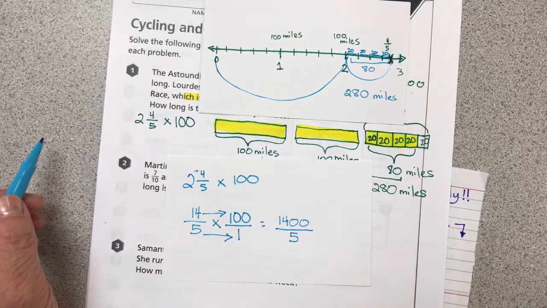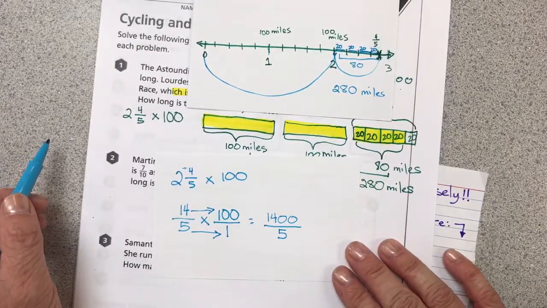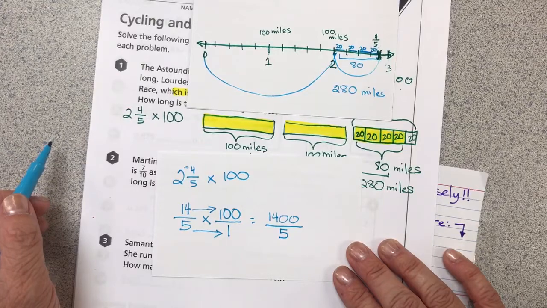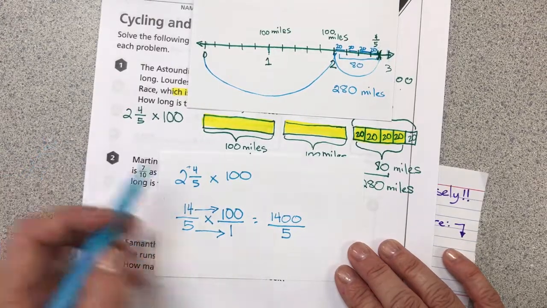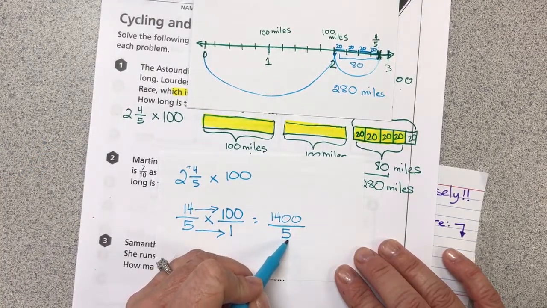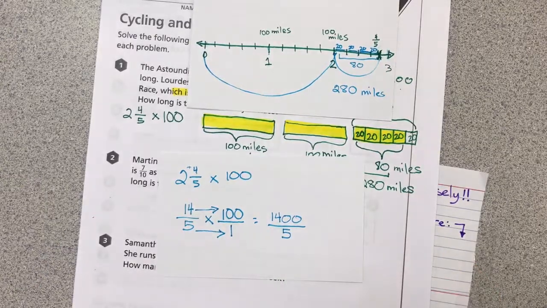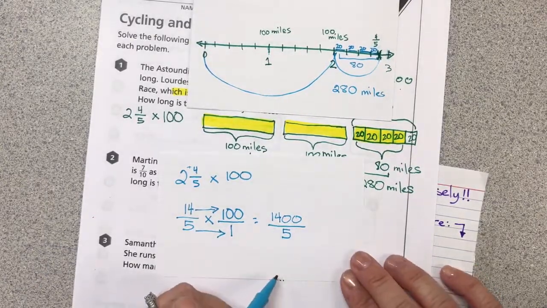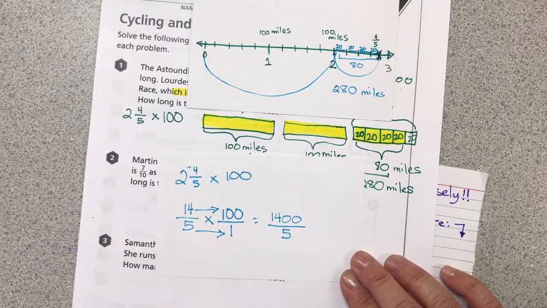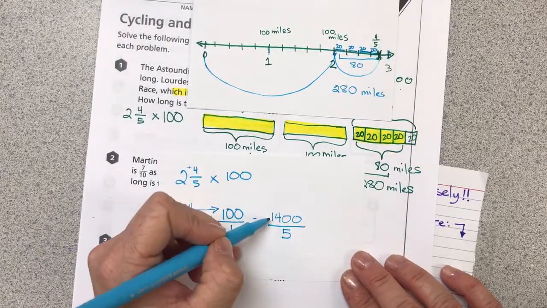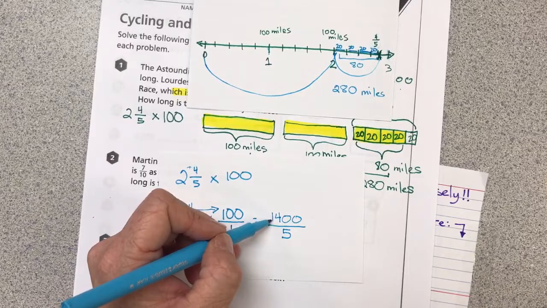You never want to keep it in the improper state. So how do we do this? There are a couple of different ways. You can ask yourself, how many times does 5 go into 1400? Something a little easier would be, how many times does 5 go into 14?